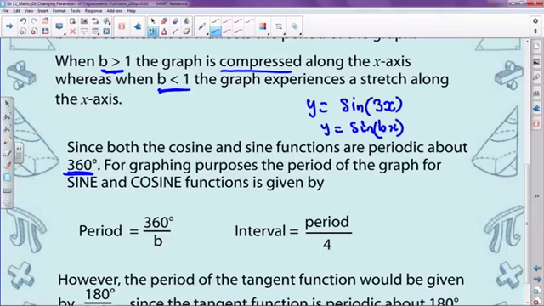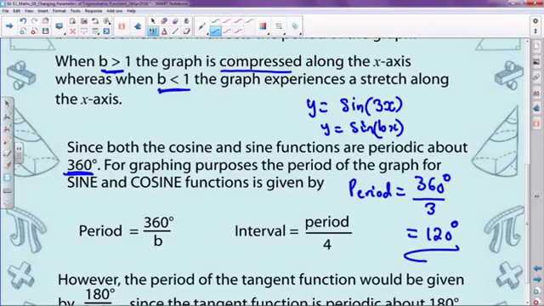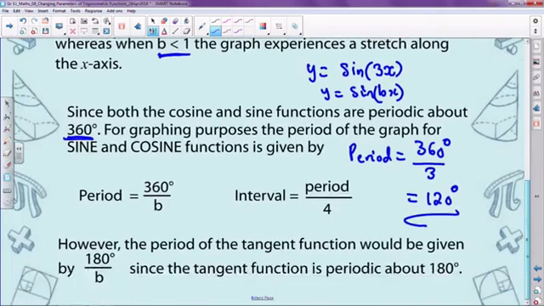To determine the period, we're going to have 360, because we know that the normal graph, the mother function of sine x, has period 360, divided by b, which is 3. So it means that the period for this graph is 120 degrees. So this graph is going to repeat every 120 degrees.